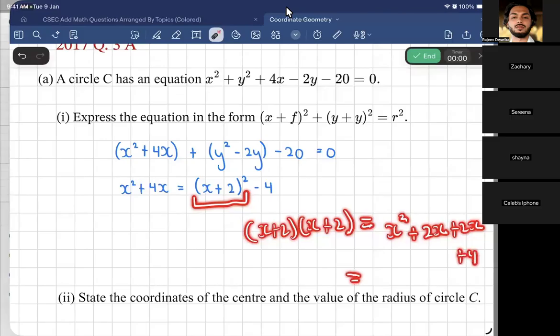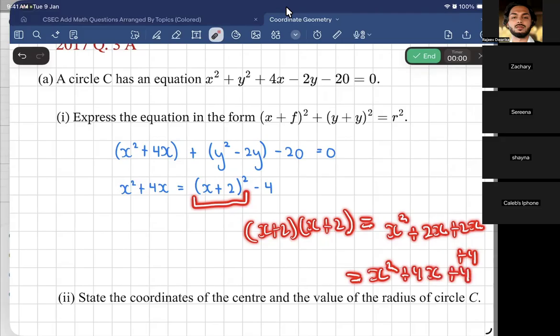And if you simplify that, what are you going to get? x squared plus 4x plus 4. Aha.